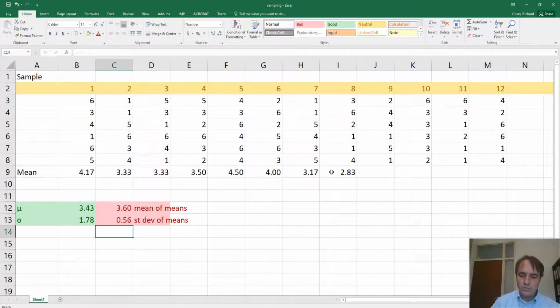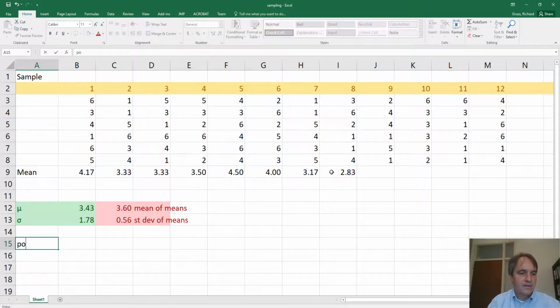So what is this number? The standard deviation of means. Let's see what happens when we take the population standard deviation and divide it by the square root of the sample size.